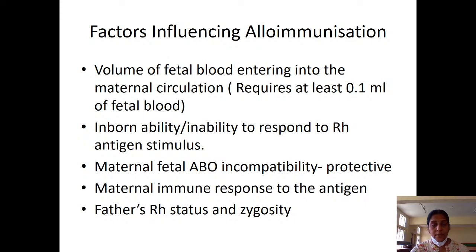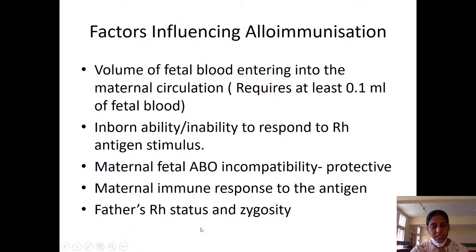The next thing is the maternal immune response to the antigen. The higher the immune response, the more antibody production. Then it also depends on the father's Rh status and zygosity. If the father is Rh negative and the mother is also Rh negative, obviously the baby will be Rh negative and there won't be any antigen. If the father is Rh positive, he may be heterozygous or homozygous.